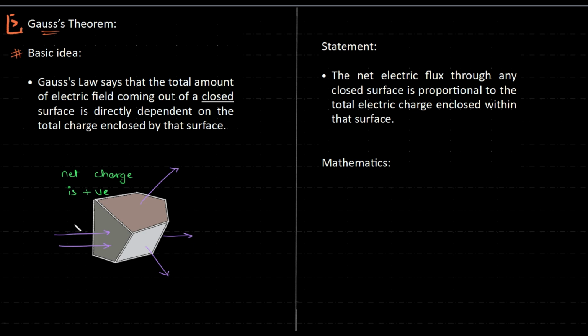But if I see the same number of field lines going in and going out, the net charge will be 0. Does it make sense? And if I see more field lines going in, but fewer field lines coming out, I can tell that the net charge inside the surface is negative.